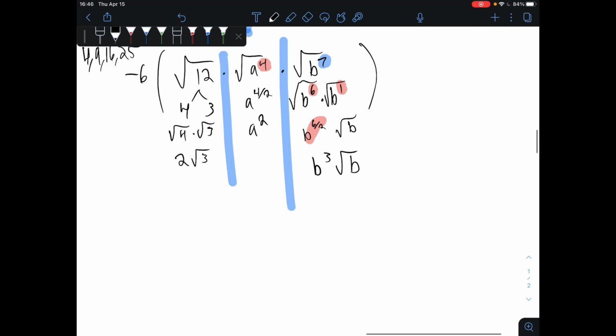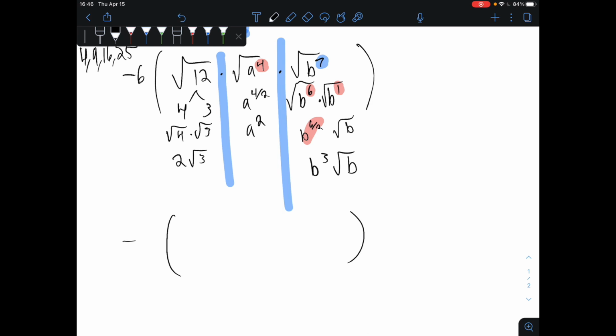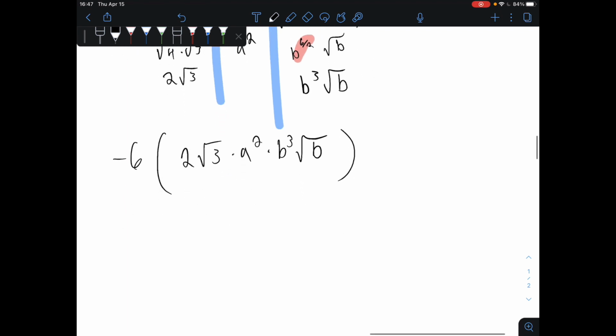Now let's bring everything down here, including our parentheses and our lone survivor out here. We have 2 square root of 3 times a squared times b cubed square root of b. Now we just got to PEMDAS this thing.